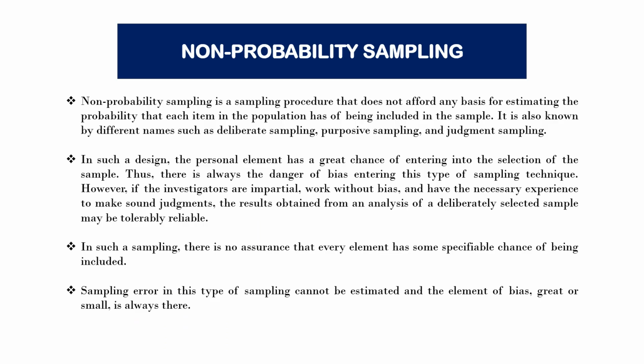The first one is non-probability sampling. It is a sampling procedure where we do not estimate the probability that each item in the population has of being selected in the sample. The items for the sample are selected deliberately, meaning we have a purpose in selecting this type of sample from a population.